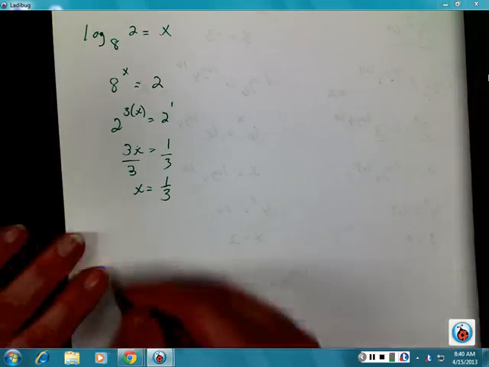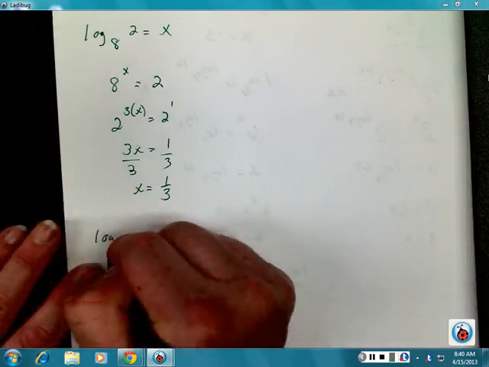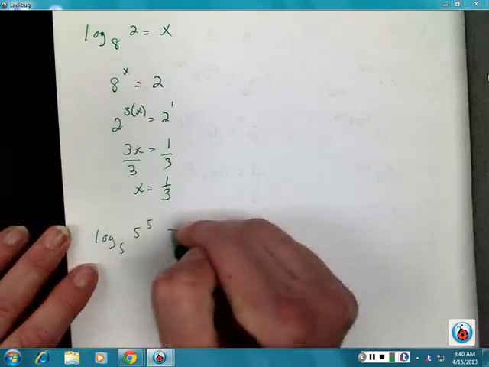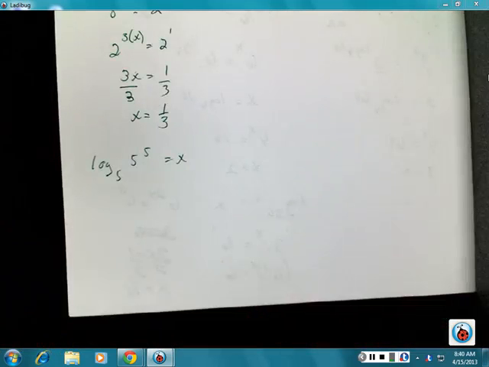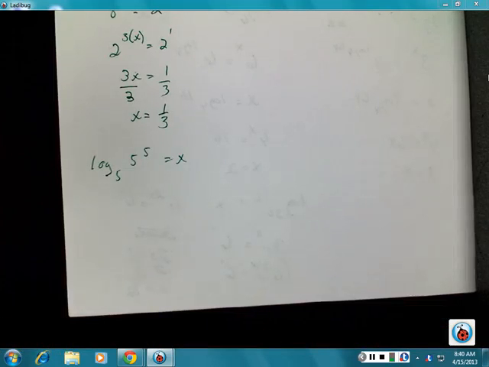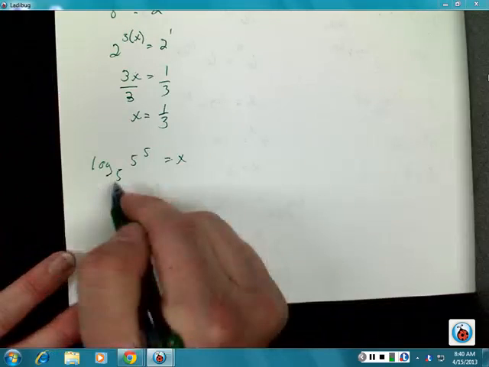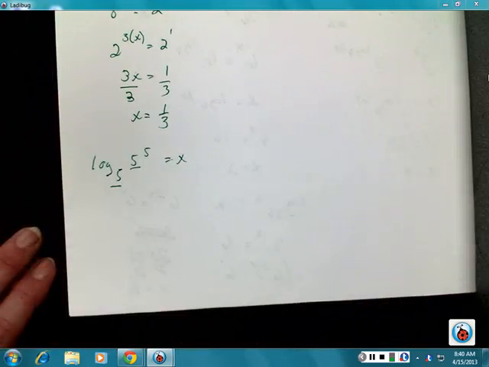And how about this one? Log base 5 of 5 equals x. What happens to that one? It's 5. Again, if you remember, your bases match each other, right?